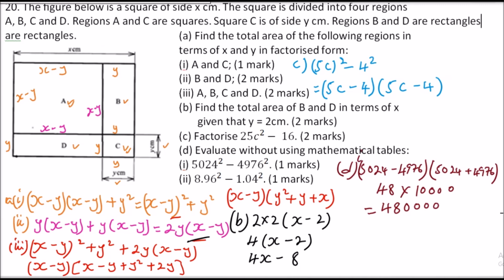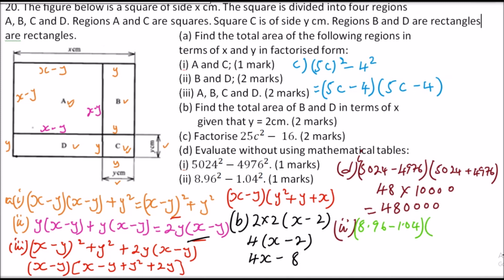So we go to Roman number 2, which is also a difference of 2 squares. So we separate them and we write 8.96 minus 1.04, close the bracket.